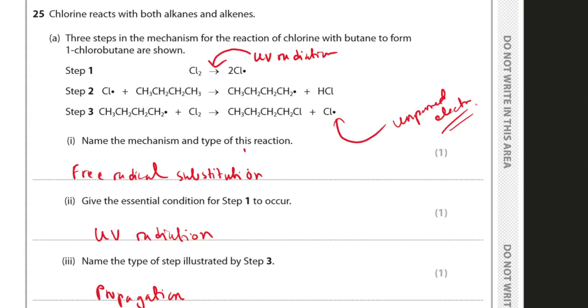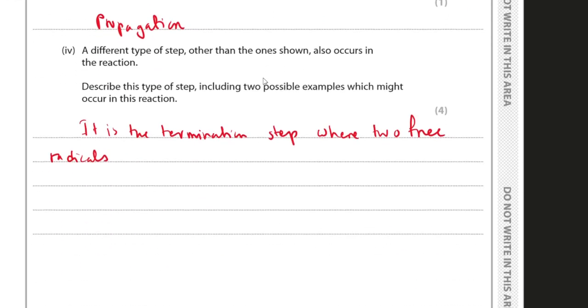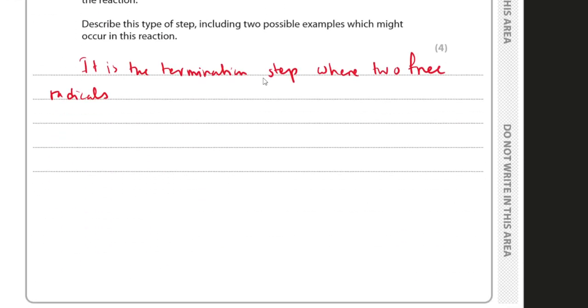These species consisting of unpaired electrons are known as radicals, which have been produced from step 1. So in the termination step, 2 free radicals join together to form a molecule.